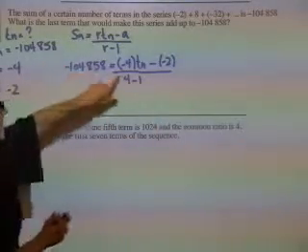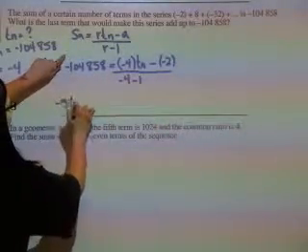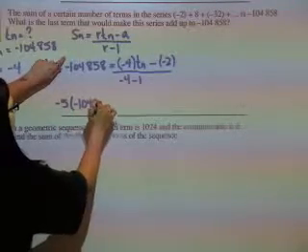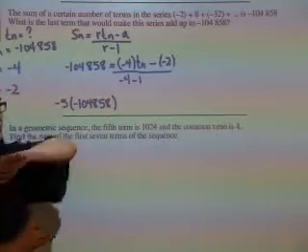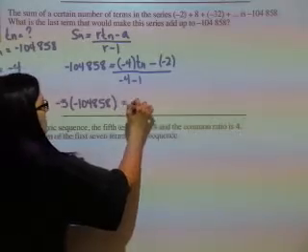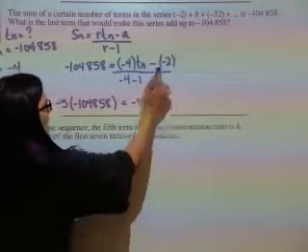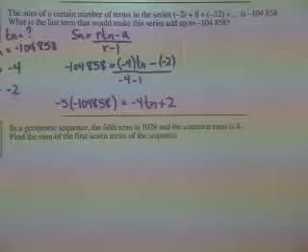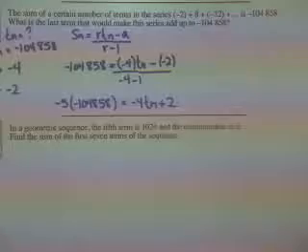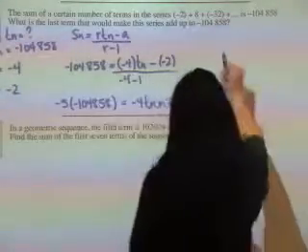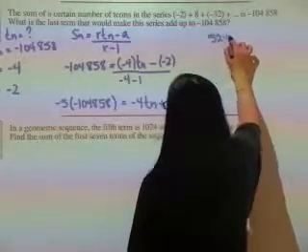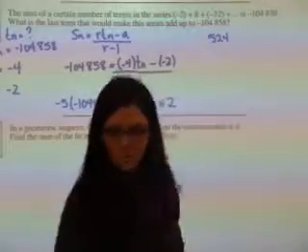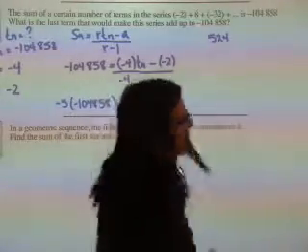Negative 5. So then I'm going to take this negative 5 and multiply it by this negative 104,858. And this minus negative 2 I'm going to rewrite as a plus 2. So when I multiply by negative 5, I get 524,290, I think. Yep.